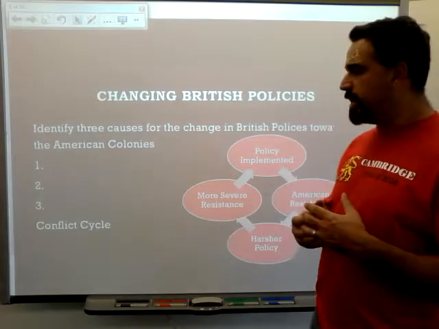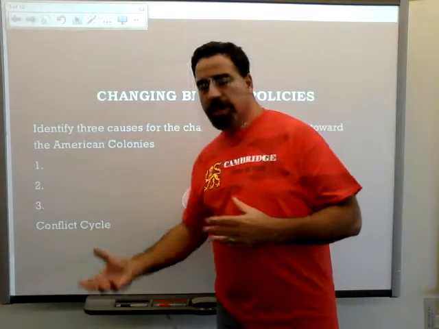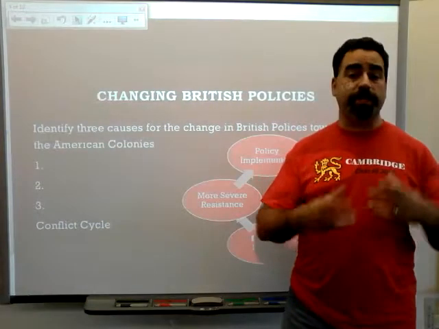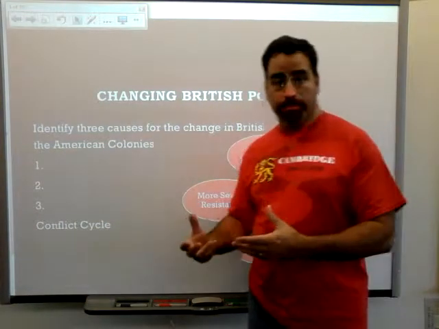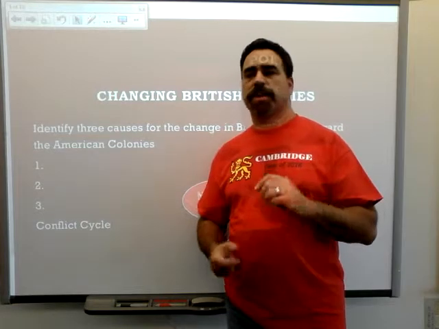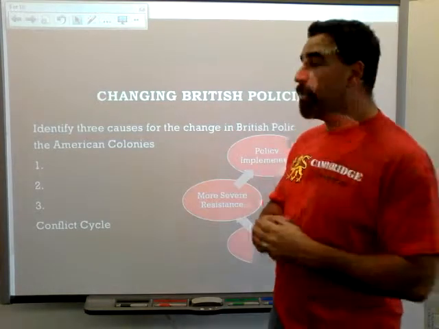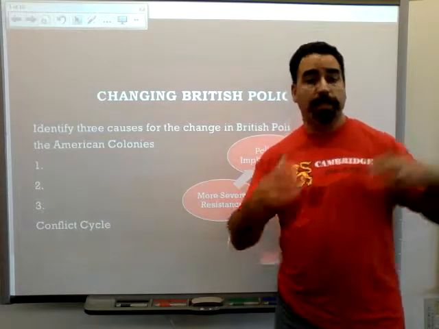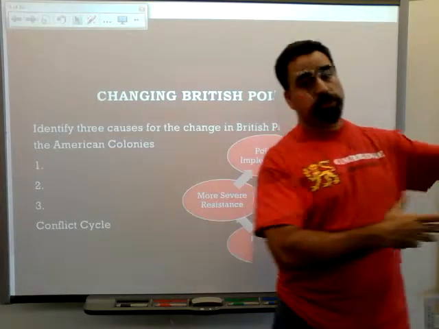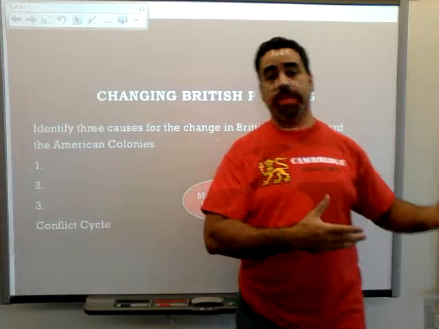We also see increased differences that are becoming apparent between the American colonists and Britain. We especially see this with the Proclamation Line of 1763, where colonial interests were, let's go into the Ohio Valley and use that land and farm that land.